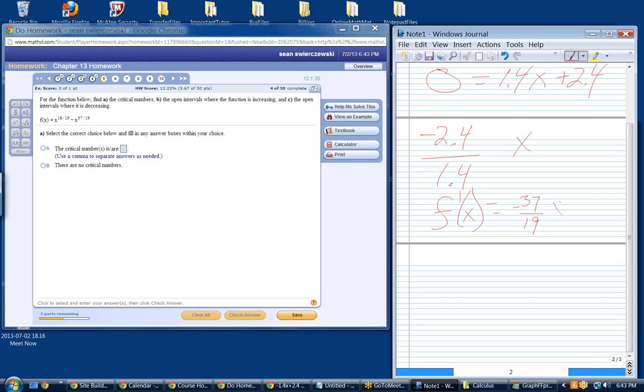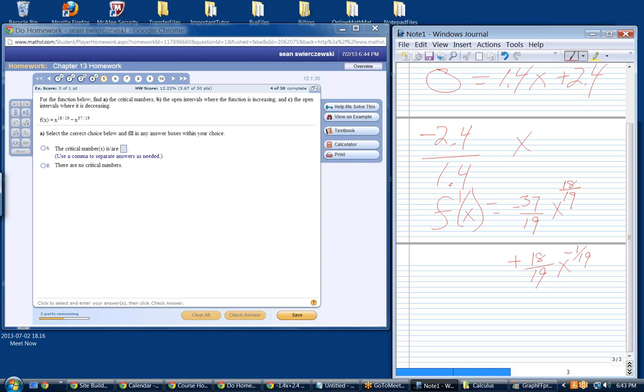And then when I subtract 1 from this numerator, which is subtracting 19/19ths, I get 18/19ths. So that's the derivative of that term, plus the derivative of this term, which is 18/19ths x to the minus 1/19th.